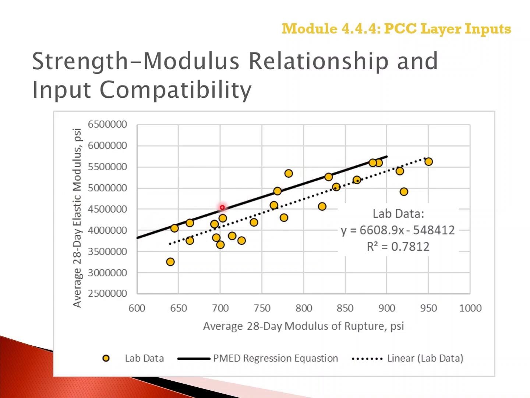So the solid black line represents the relationship within the PMED software between the average 28-day modulus of rupture and average 28-day elastic modulus.